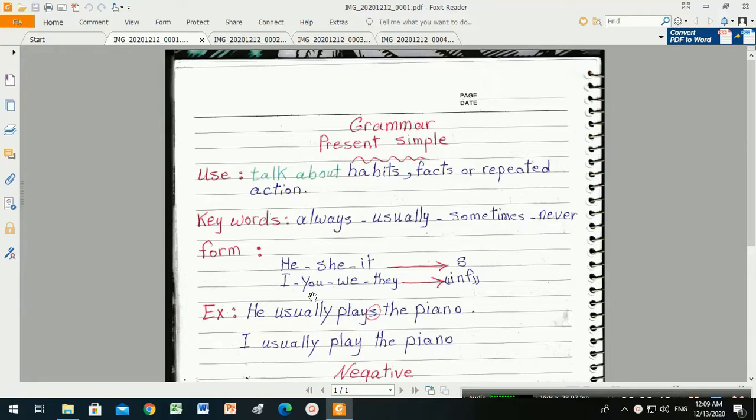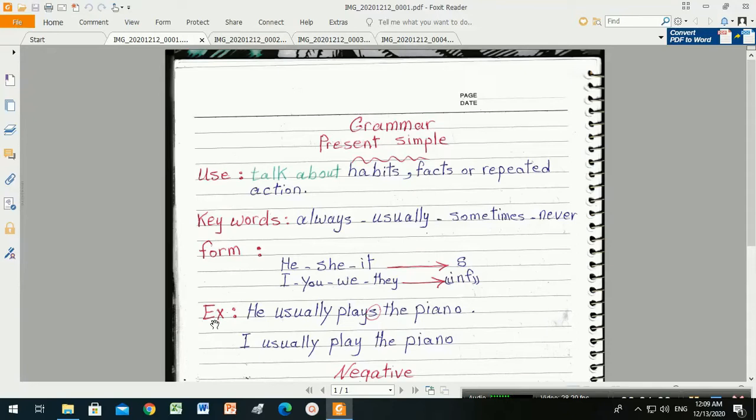The form: he, she, it take s or es. I, you, we, they take the verb in infinitive. And we said before several times that infinitive means the verb in the basic form without s, without es, without anything.